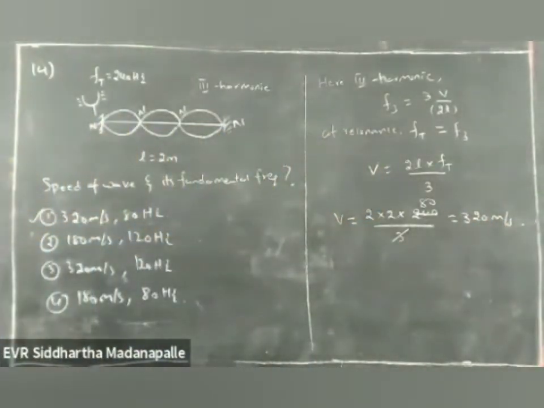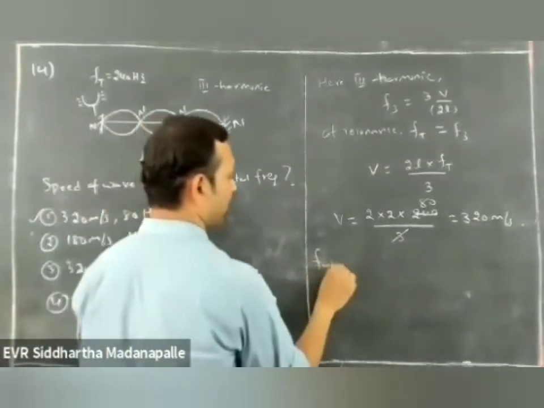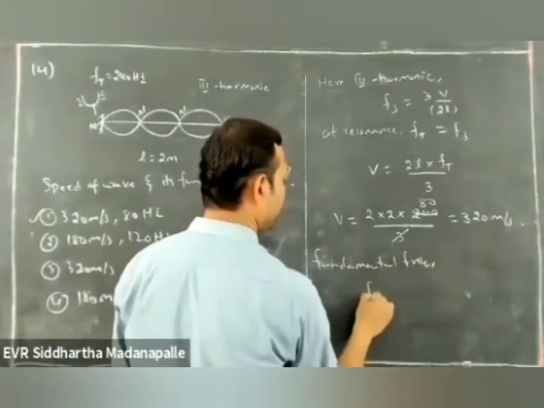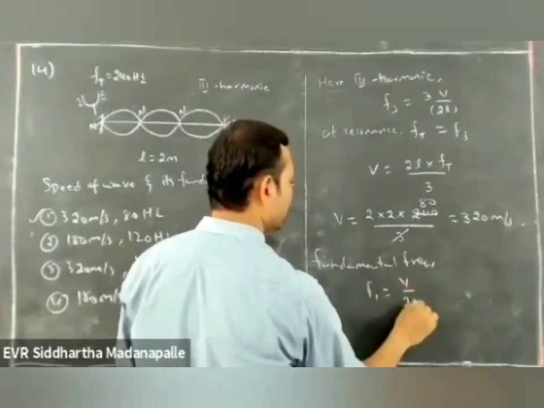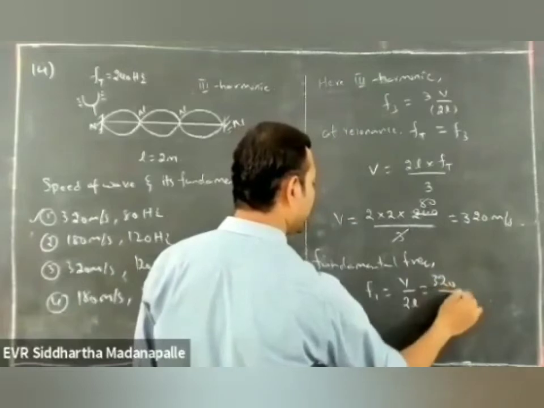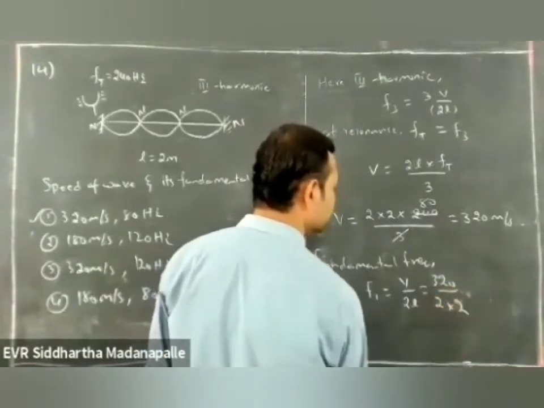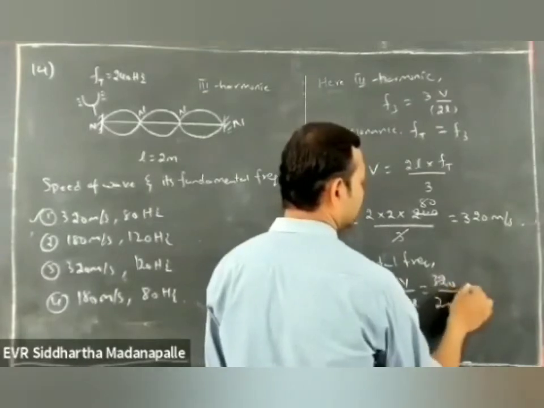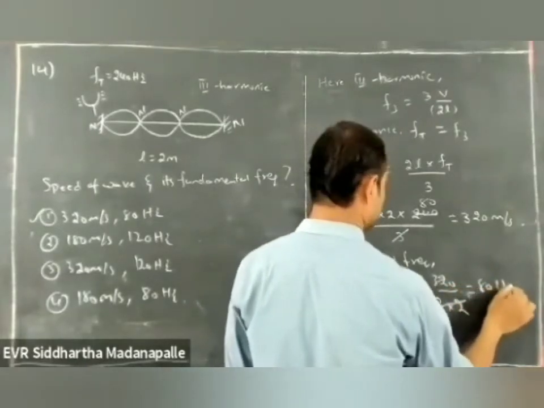What about the fundamental frequency? The fundamental frequency formula is F1 is equal to V by 2L. V value is 320 by 2 into L value 2. So 8 4s are 32.